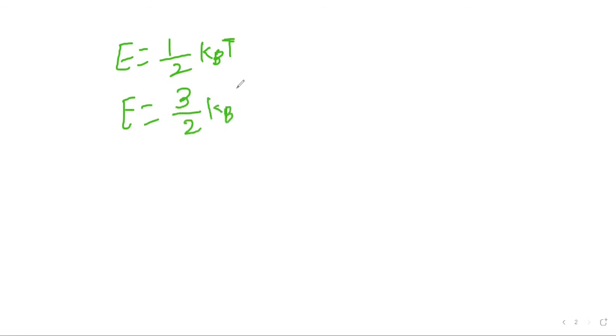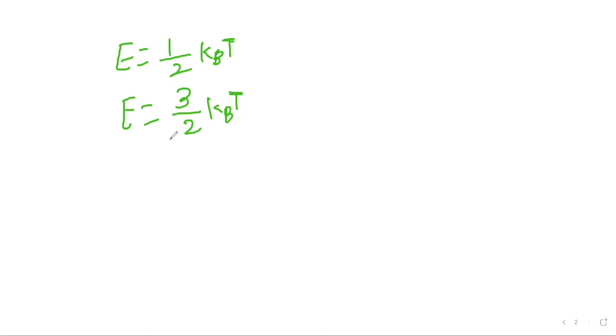According to the equipartition of energy theorem, the translational energy associated with each atom per degree of freedom is half kBT. Since we have 3 degrees of freedom associated with each particle in 3 dimensions, this energy becomes 3 by 2 kBT.